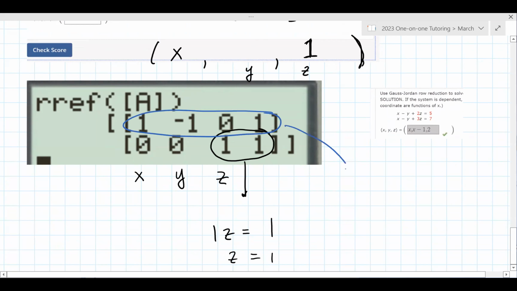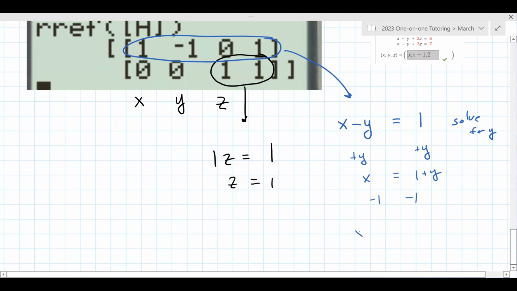So what this says is X minus Y equals 1. There's no Z because of the 0 there. And you have to solve this for Y. So I would add Y to both sides. So this is X equals 1 plus Y, and then subtract the 1. This is what they want in that second position, X minus 1.